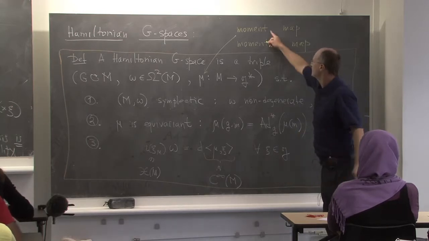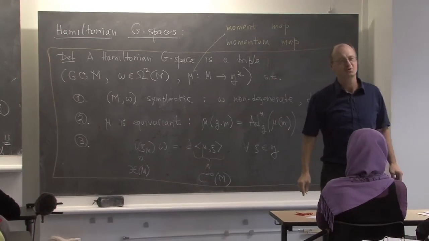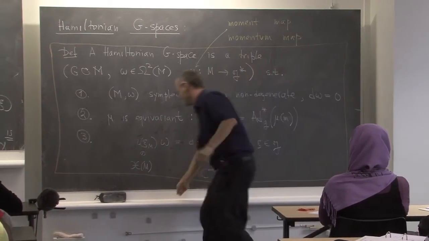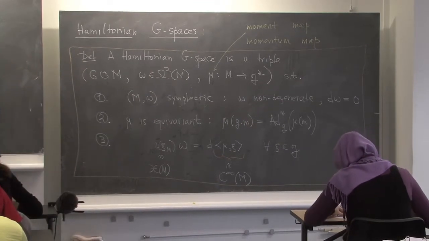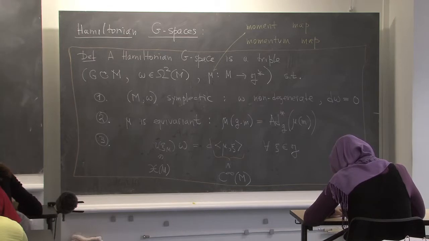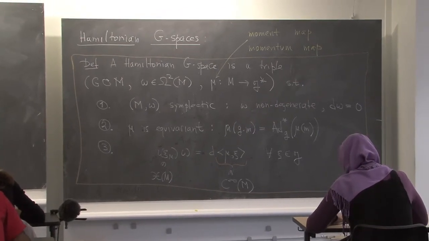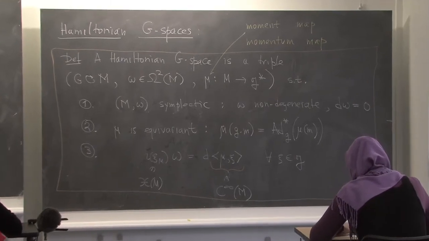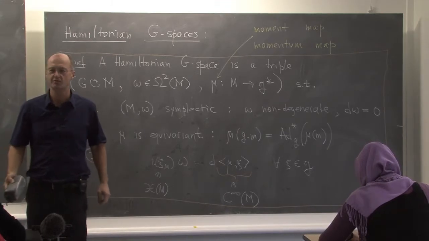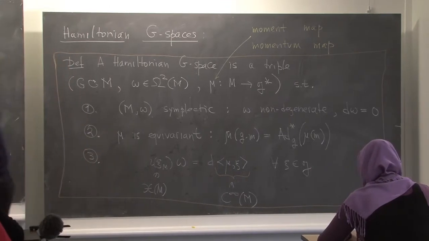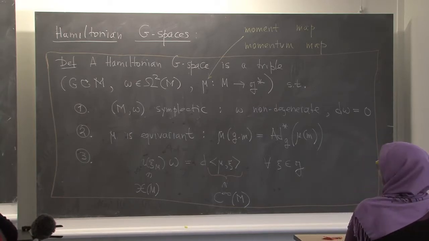You can recognize the camp to which people belong by which word they're using. I think like in American geography, moment map would be like the East Coast, and momentum map the West Coast.